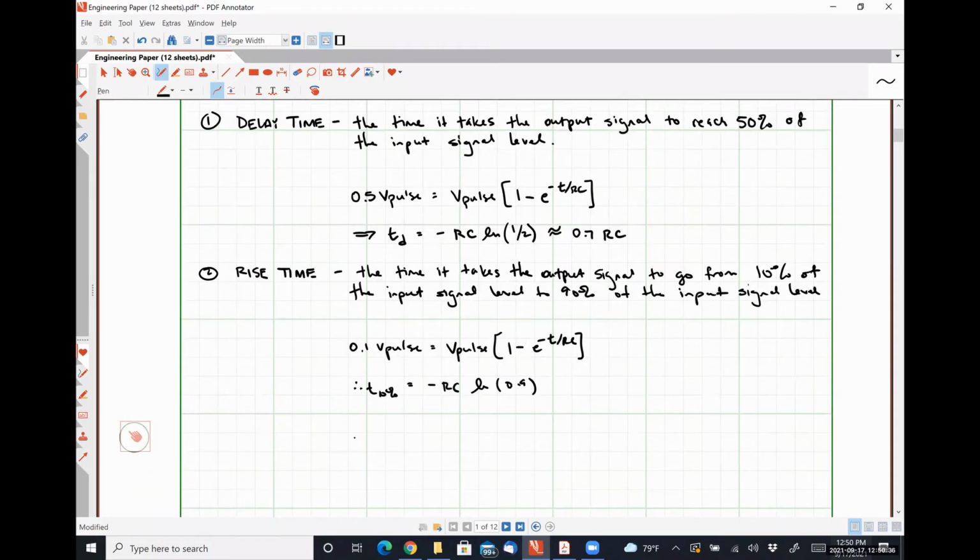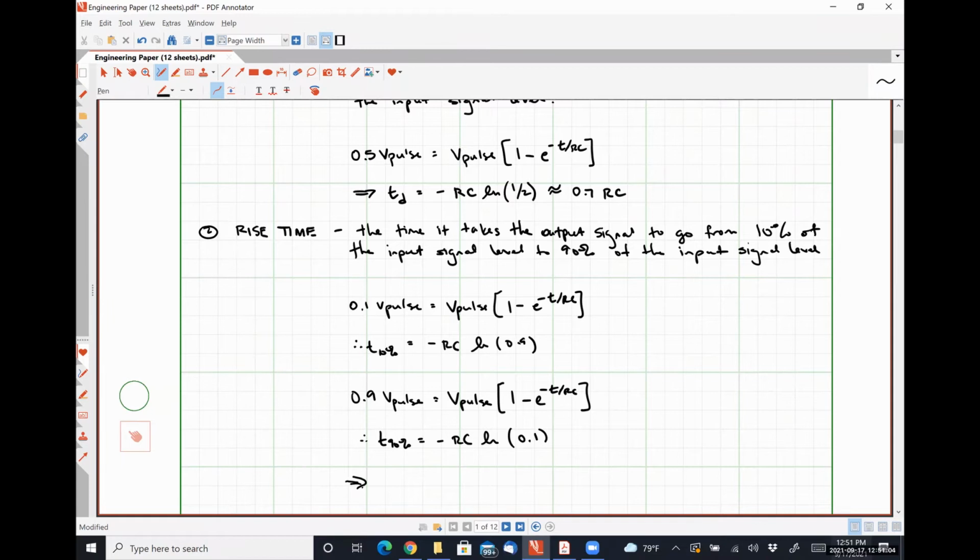For my 90% level, 0.9 V pulse will be equal to V pulse times 1 minus e to the minus t over RC, giving me a t at 90% that is negative RC natural log 0.1.